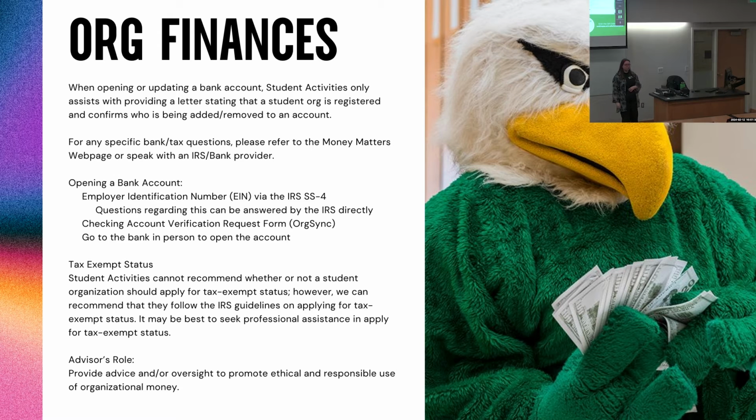But if an organization were to want to apply for tax exempt status, they would need to consult a tax professional to take care of all of that paperwork and make sure that everything gets filed correctly. Essentially it cannot be done through UNT, and UNT does not provide its EIN or tax ID out to anyone else to get tax exempt status. We don't provide that.